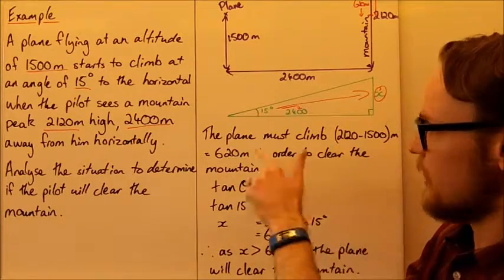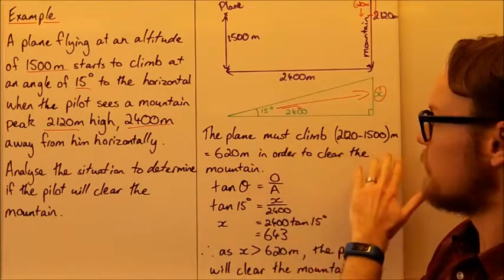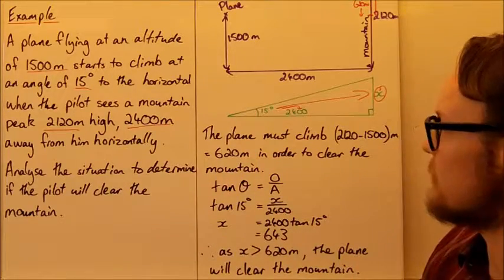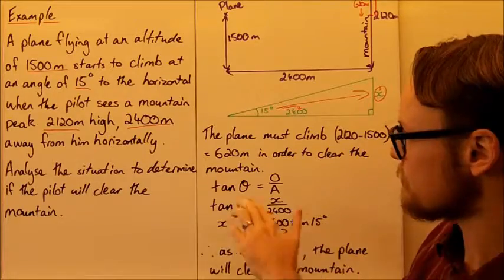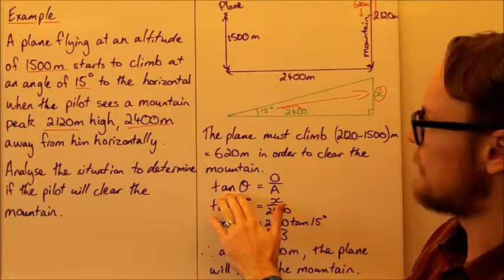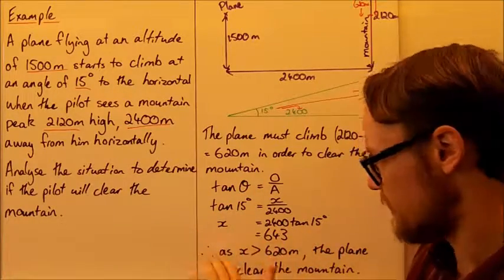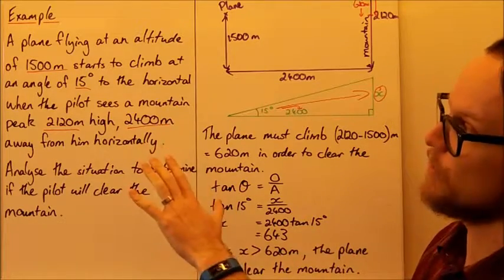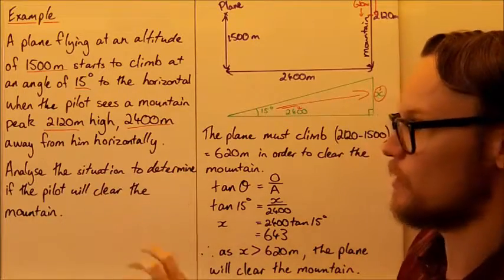I've written a statement initially that says what I'm trying to show, that if this value x is greater than 620 metres, then he'll be able to clear the mountain. Then I've written down my relevant trigonometric function, solved that, and then answered in a statement to answer the original question, asking to determine if the pilot will clear the mountain.